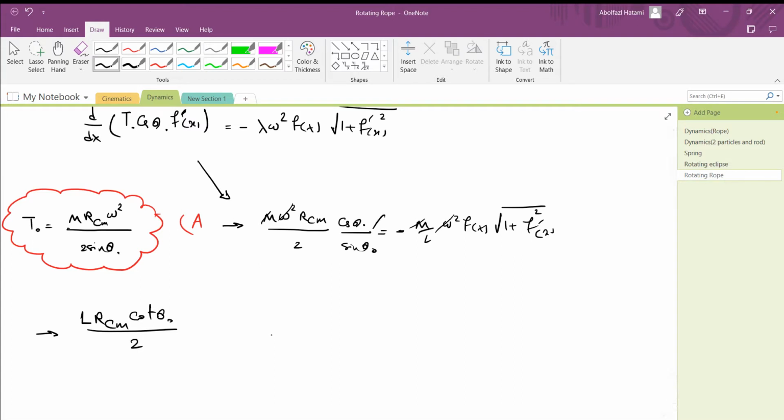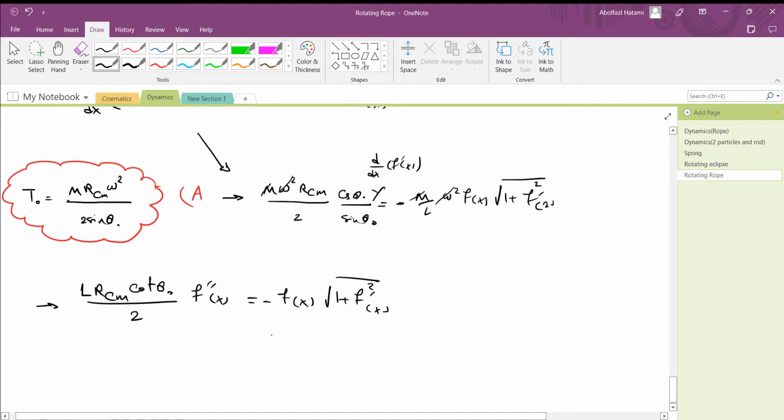here we have d over dx of f prime of x, which is f double prime of x, because d over dx of f prime of x is just f double prime of x. So L r cm over 2 cotangent of theta 0 times f double prime of x is just minus f of x radical 1 plus f prime squared of x.